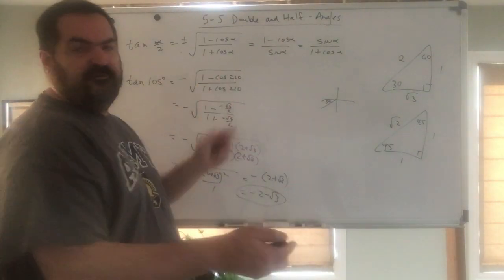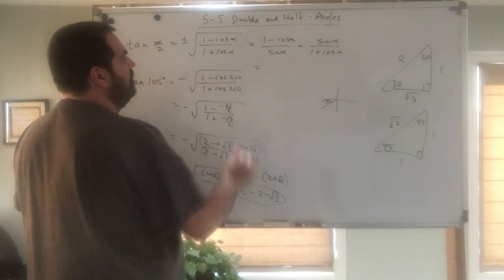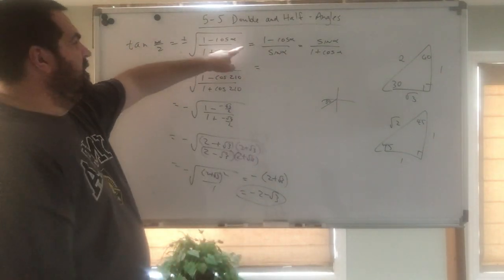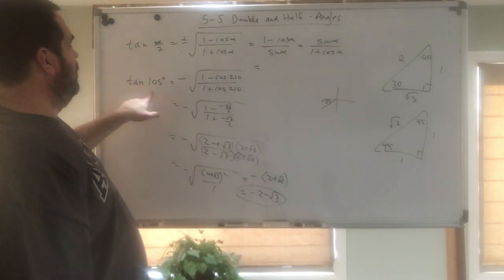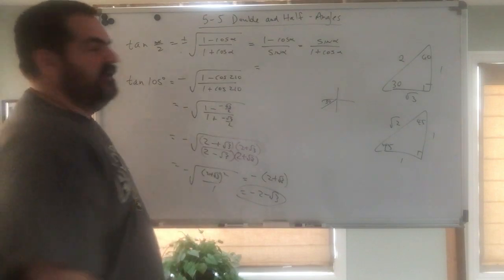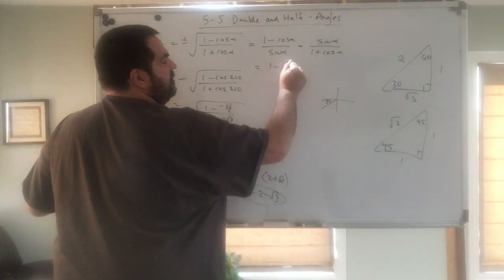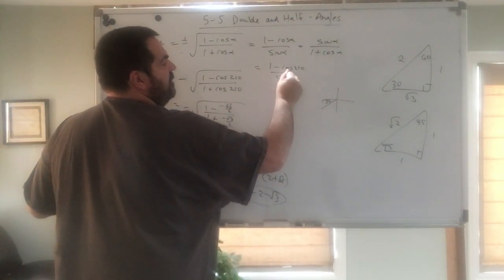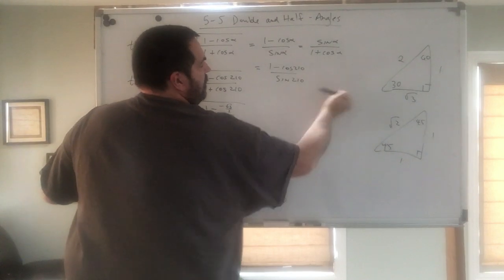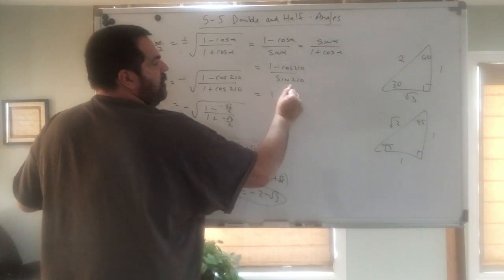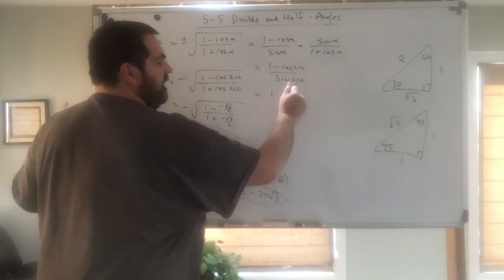So now, watch how fast this is. If I use this formula, again, we're looking for 105, so this will be 210. So you got 1 minus cosine of 210 over sine of 210. Well, cosine of 210 we did was negative root 3 over 2.